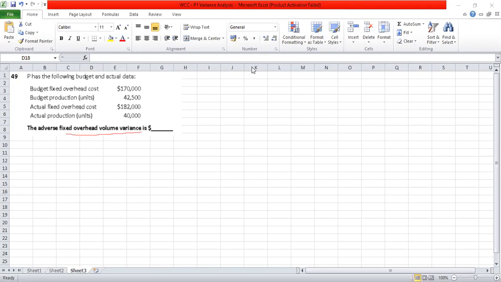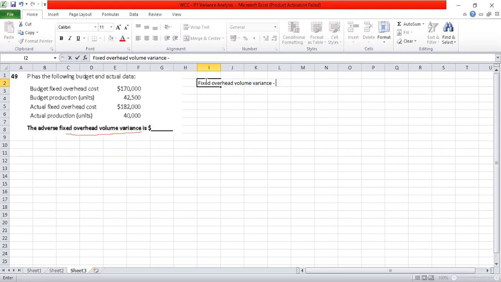Make a note of what the formula is. Write it. Fixed overhead volume variance is equal to the difference in volume.